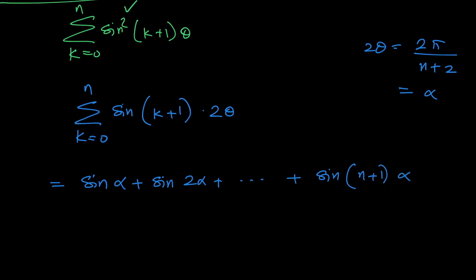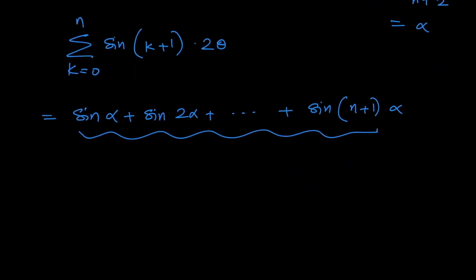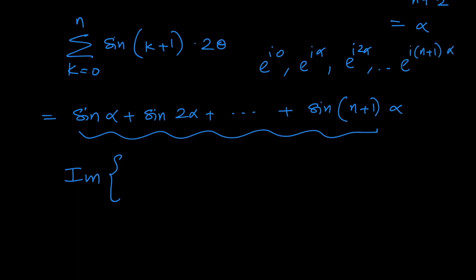Now you should know that this quantity is nothing but the imaginary part of the sum of all the (n plus 2)th roots of unity. The (n plus 2)th roots of unity will be of the form e raised to i0, e raised to i alpha, e raised to i2 alpha and up to e raised to i (n plus 1) times alpha. So you are talking about (n plus 2)th roots of unity.